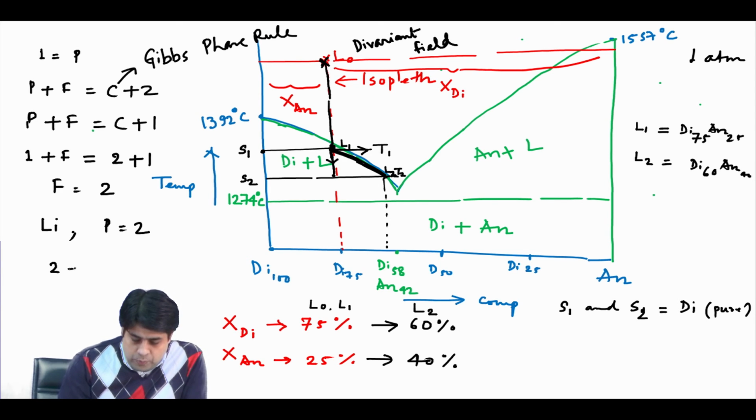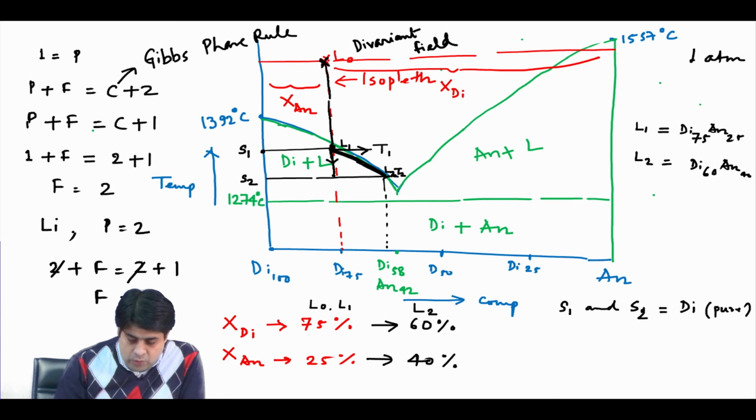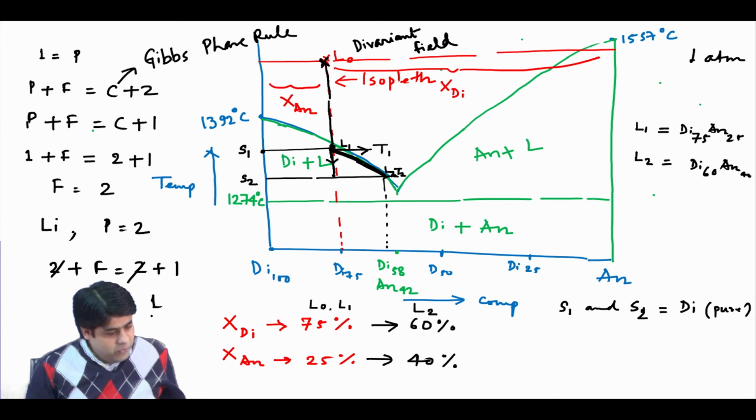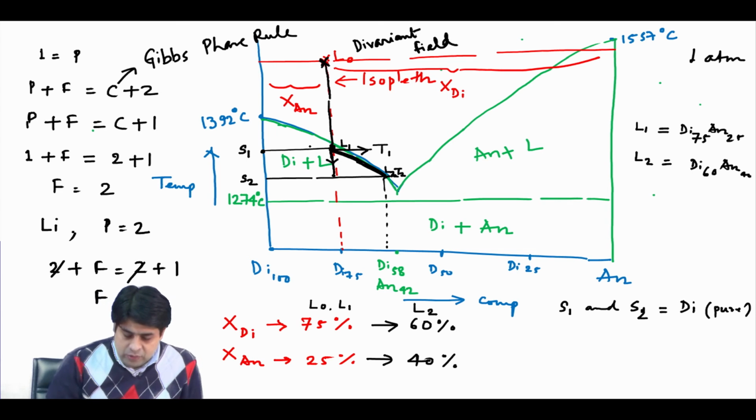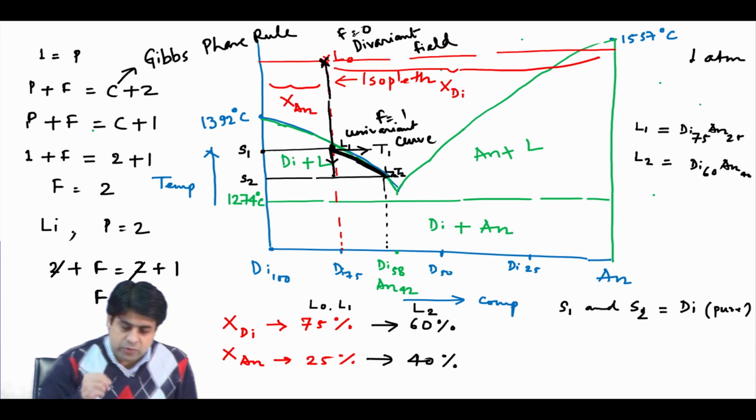So, your 2 plus F will be 2 plus 1. So, F will be 1, and this will be your univariant curve, where your F is equal to 1, here F is equal to 0.